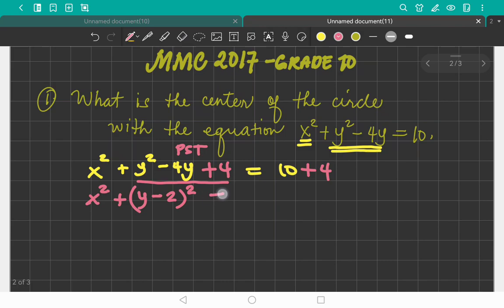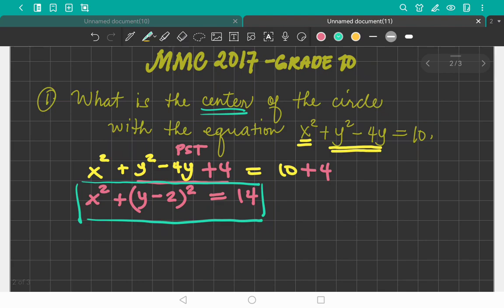Is equal to 14. Now, we have the standard form of the equation of a circle, and so therefore, we can now identify the center of the circle that we are looking for.